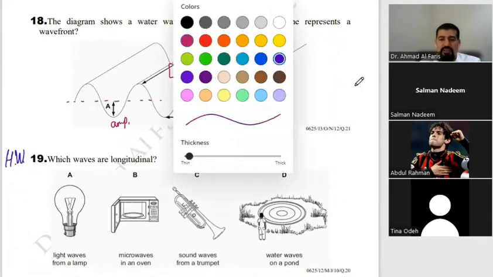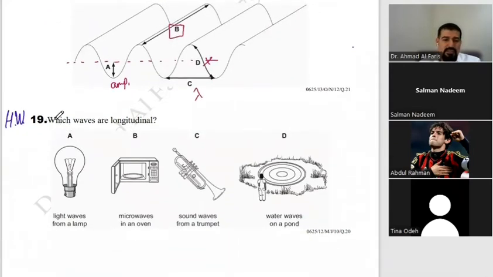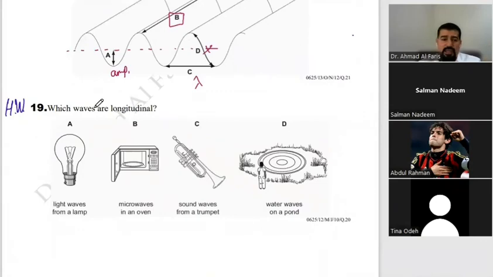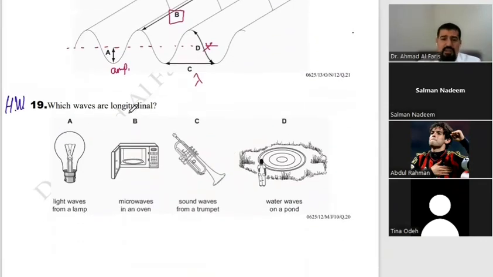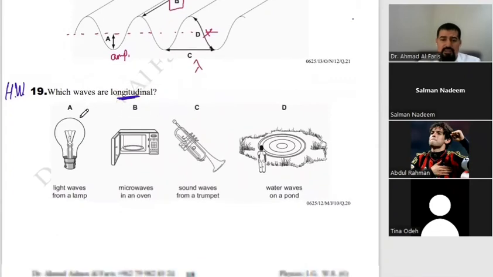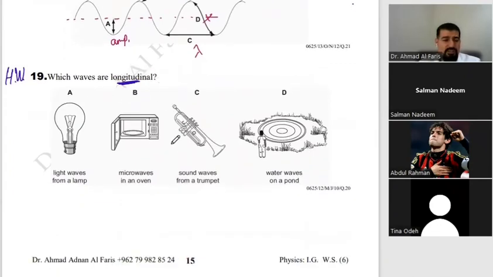Okay, let's move on to the next question, 19. This question is similar to the question about longitudinal waves. Which of the following is a longitudinal wave? You can see this is light, this is microwave, they are transverse also.